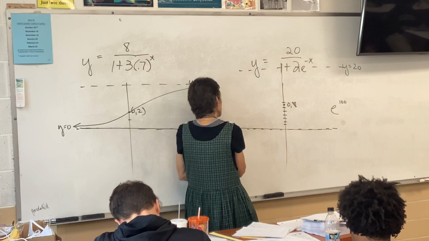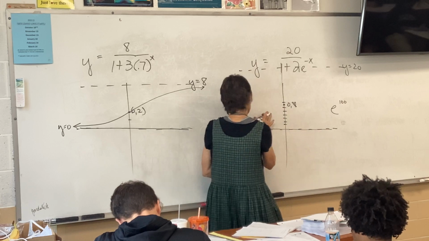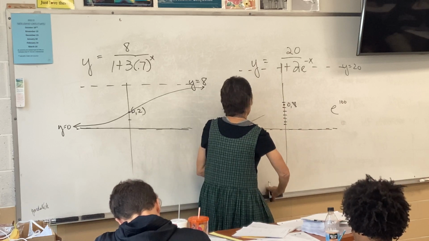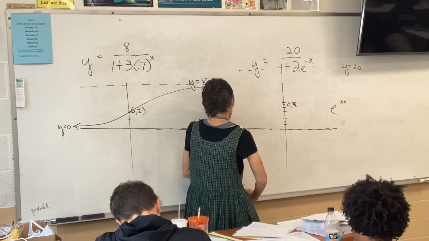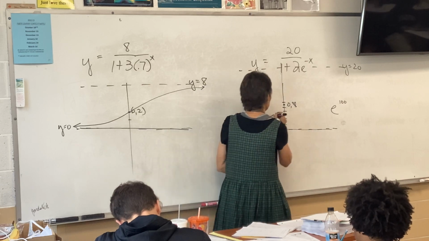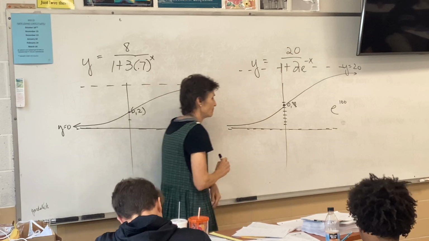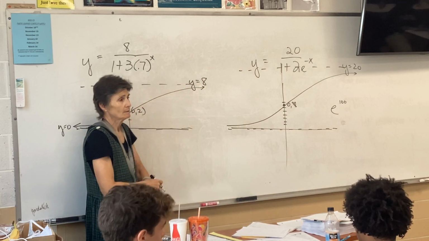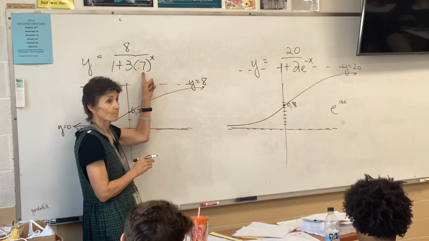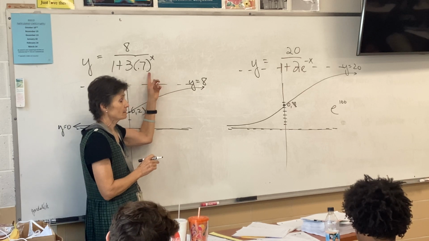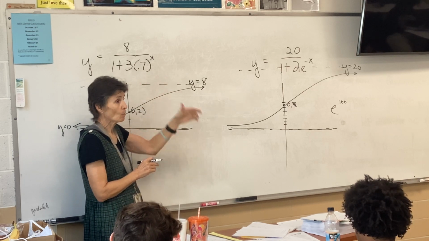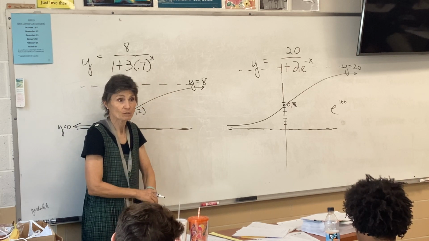Now, I don't know if any of you were listening when Lucy was asking a question. But Lucy said, will B, the base, always be less than 1? And I said, yep, if it's a growth.